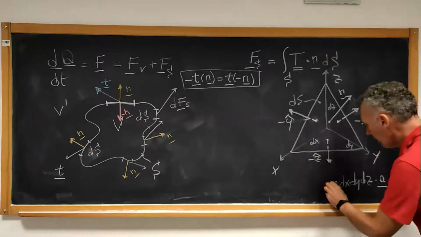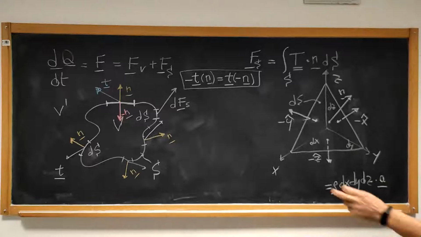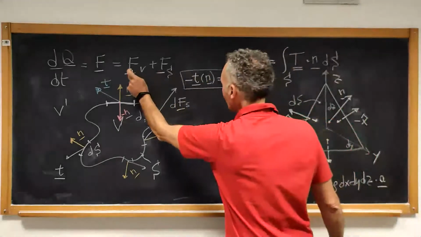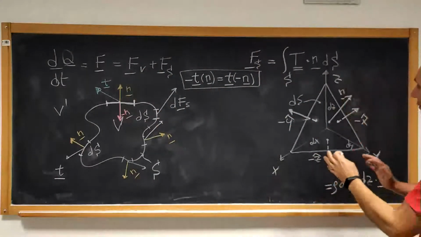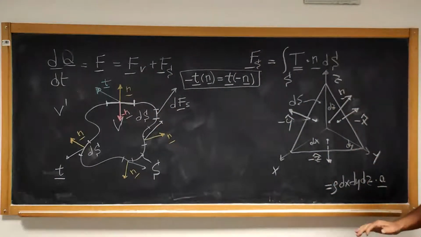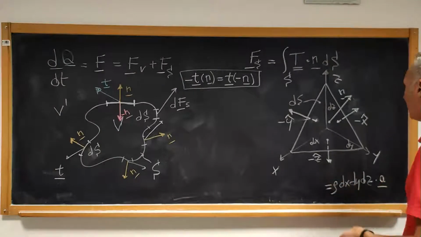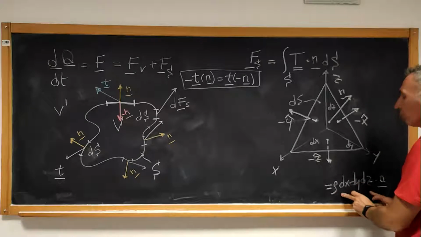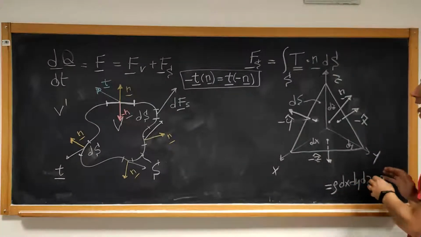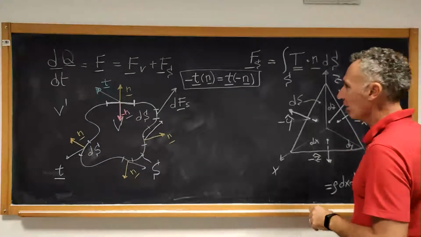Now, ma is equal to F. F in turn is the volume forces plus surface forces. So let's see what the volume forces are. The volume forces are just the density times the volume of the fluid times a vector of specific volume forces.